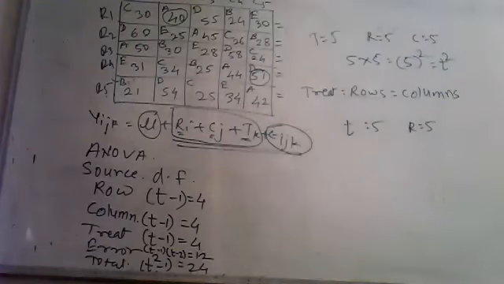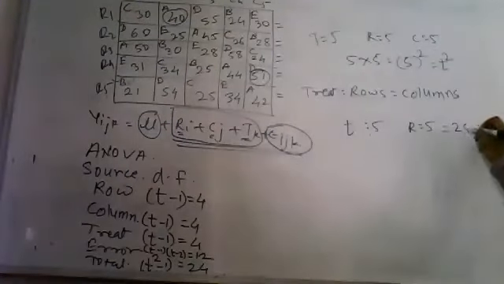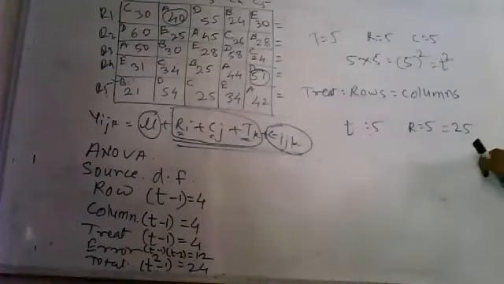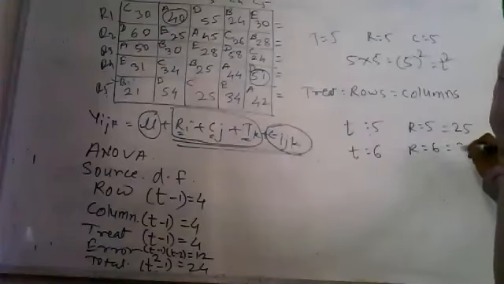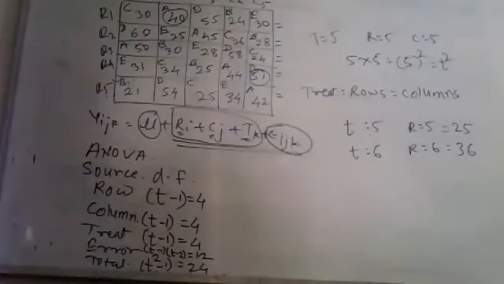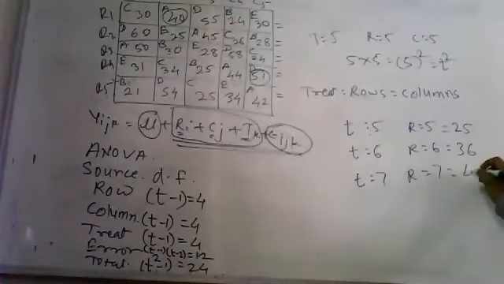And why maximum 12 treatments? Because for 5 treatments we are using 5 replications, so it will require 25 units. If 6 treatments, then 6 replications, so 36 units. For 7 treatments, 7 replications, so units required will be 49.